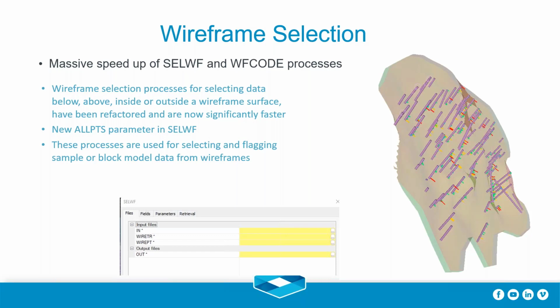I've been asked about Fortran a few times today, but this is in C++, and we've ported it over, and we've also exposed some new parameters, so the all points parameters that allows you to copy everything across. And this will build into the dynamic modeling that we're planning to do as part of Geo. So for drill hole flagging based on your input wireframes. And more processes are planned to have this same facelift.